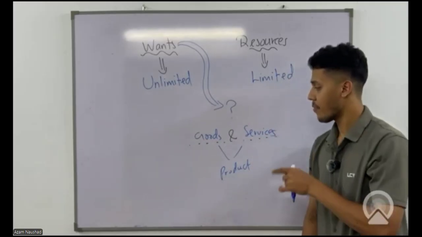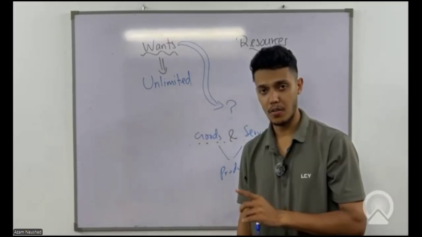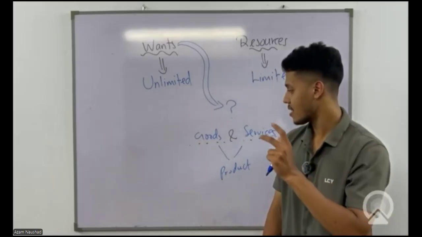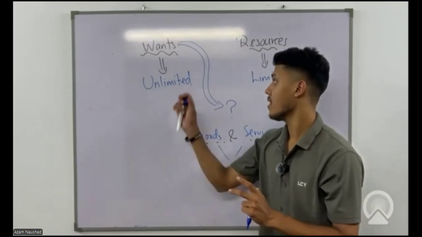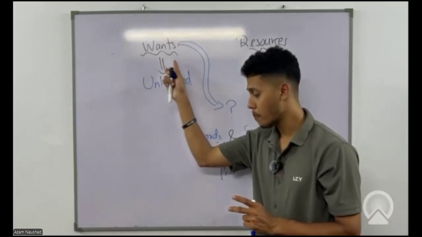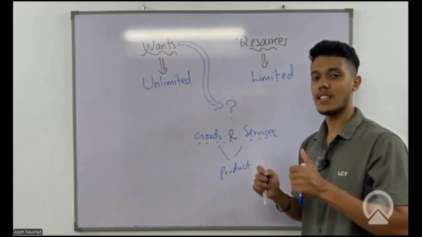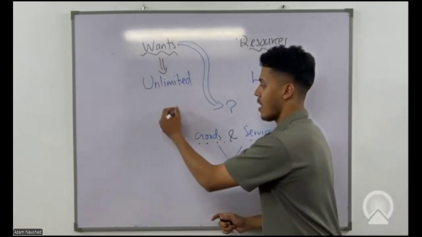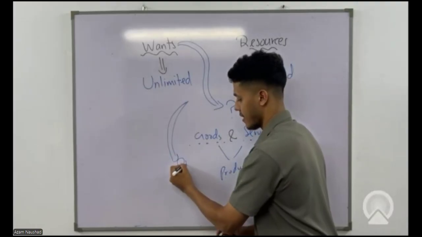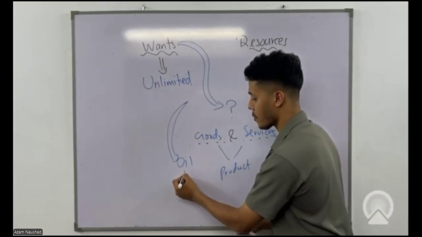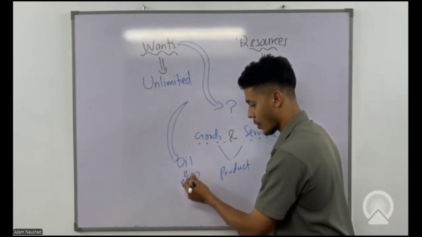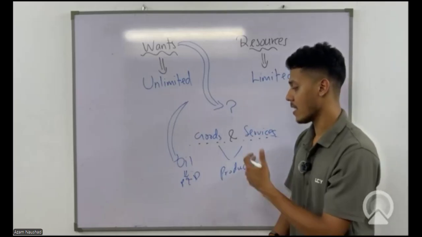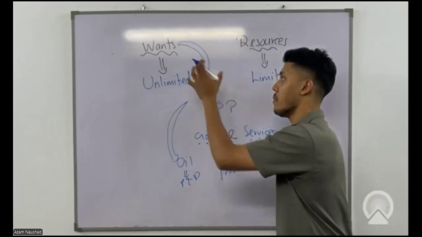So each and every firm in a particular country or else in an economy is basically trying to fulfill human wants by producing goods and services. But the thing is, if we take an oil company, let's say a company which produces petrol and diesel, that company is producing petrol and diesel to fulfill human wants.